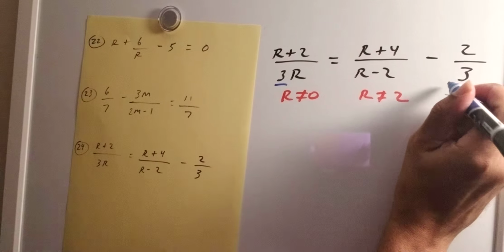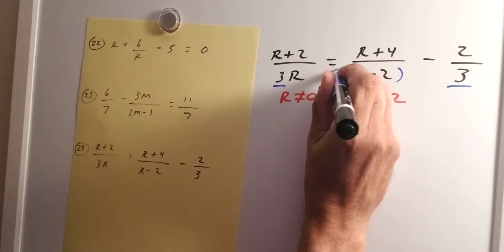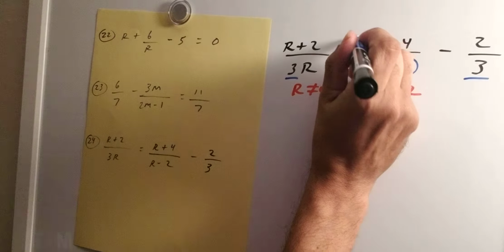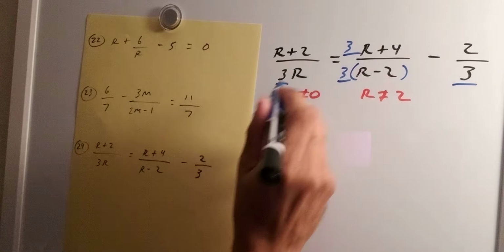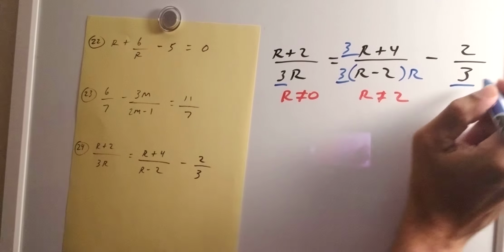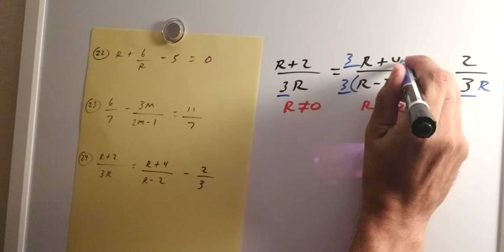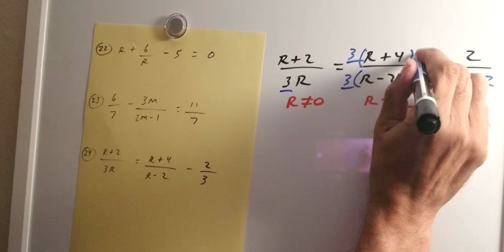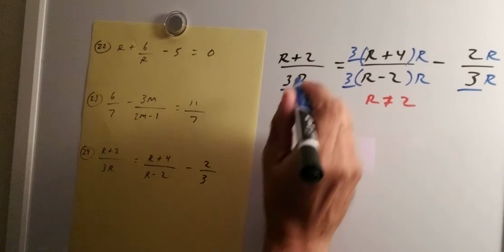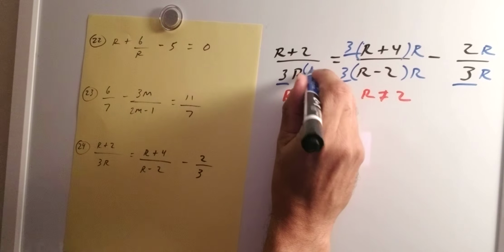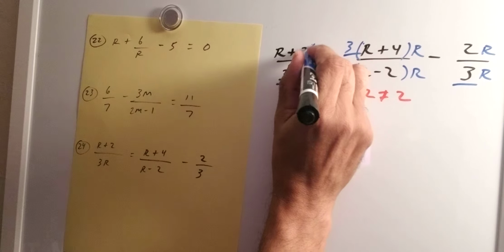We have the 3. Let's multiply this by 3. And we'll need to do it in the numerator. Now we have r, so we need to multiply this by r. We need to do it in the numerator. Last factor is r minus 2. Needs to be common for each denominator.